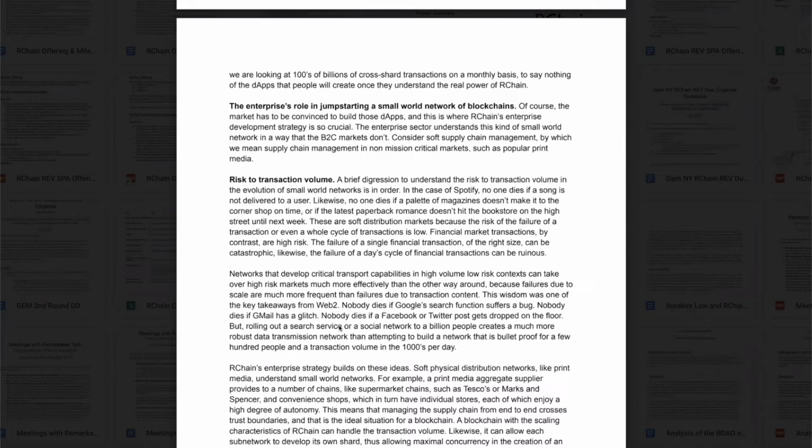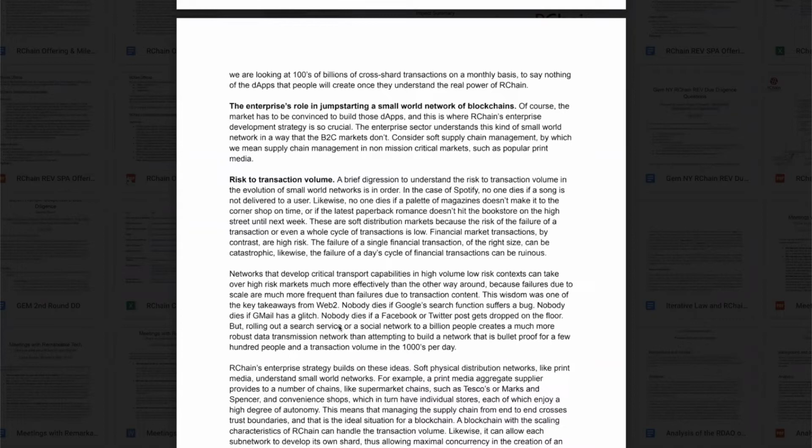So here you have a situation where you have a blockchain designed to match small world network phenomena being rolled out to a market that is higher transaction volume, lower risk. That's exactly what we're talking about.